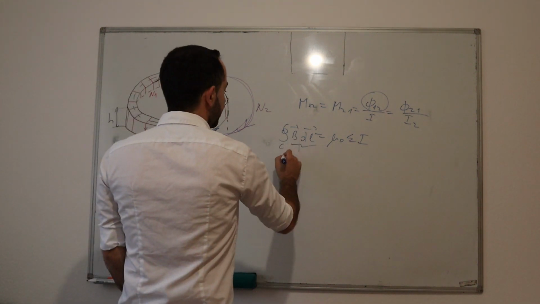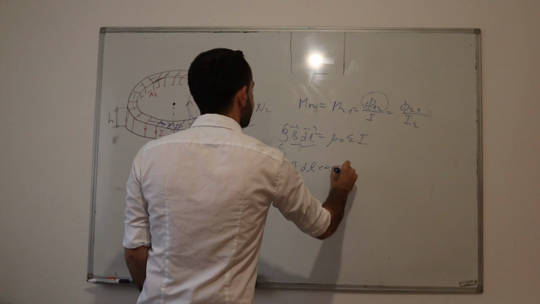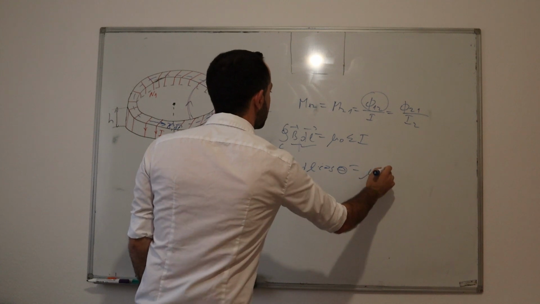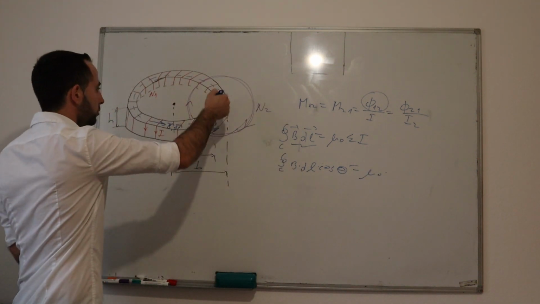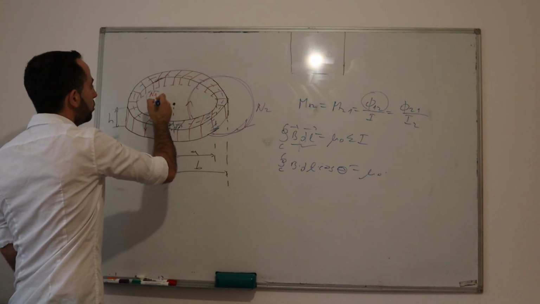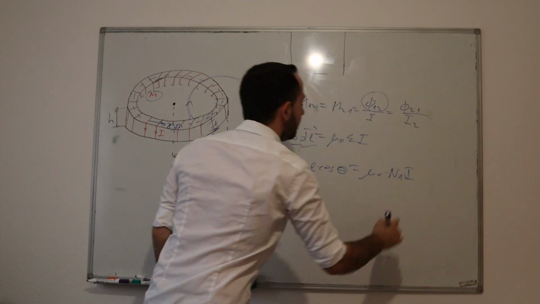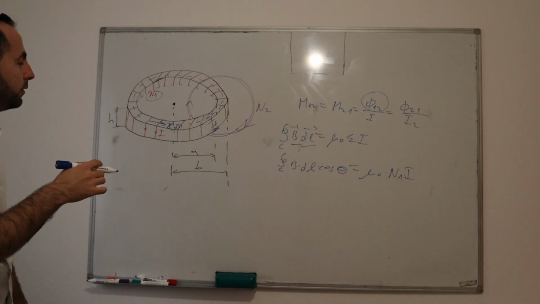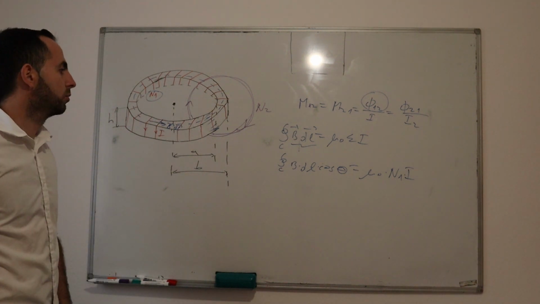Which means the angle between them is 0. Cosine of 0 is 1. B times integral of dl equals mu 0 times the sum of I. How many currents does our closed contour have? Well, it has one current, 2, 3, and so on, so N1 times I. These are the sum of all the currents inside this closed contour.